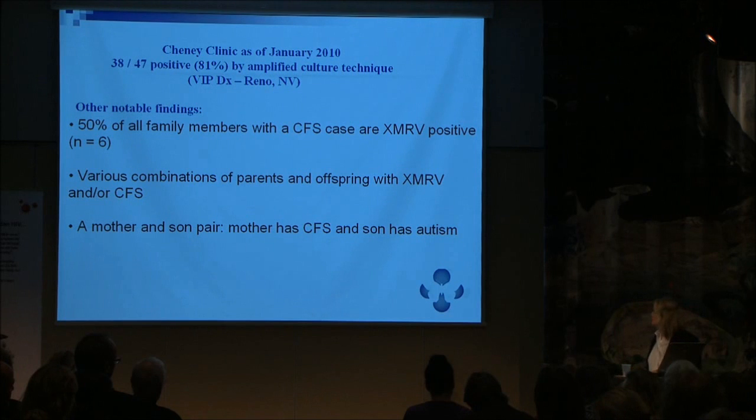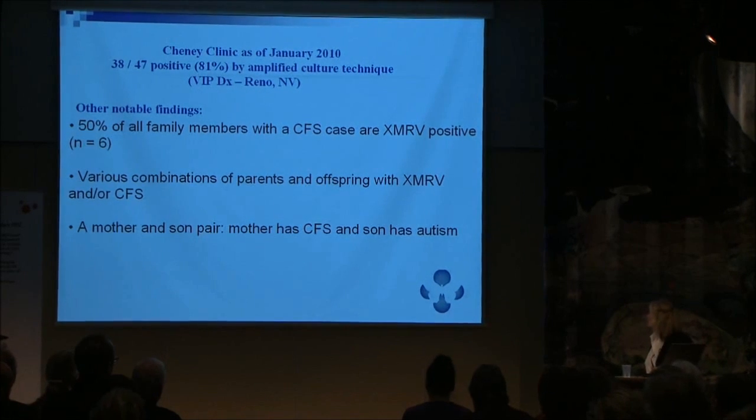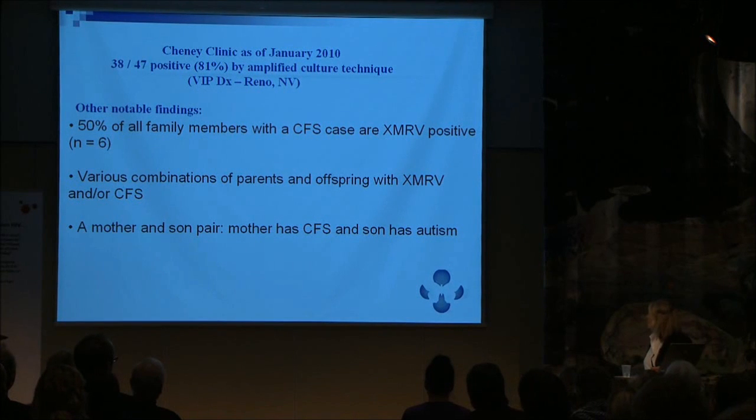But what I show you here is work by Max Post to further answer that question, a graduate student in the lab. And he built on some work that Paul Cheney presented earlier at that Bethesda workshop. What Paul had done is he looked at 47 people with families, actually, with disease, and found XMRV in 81% of those by the amplified culture technique.